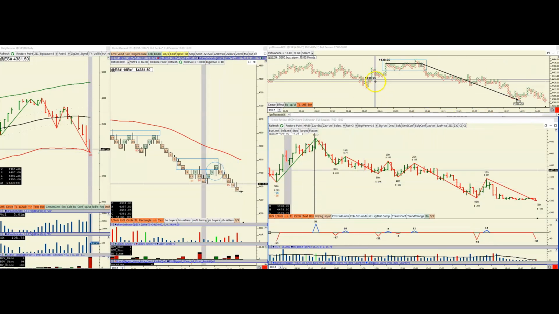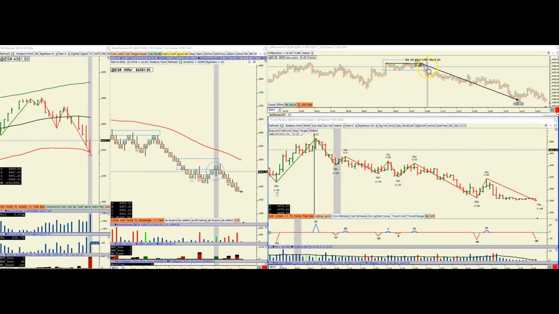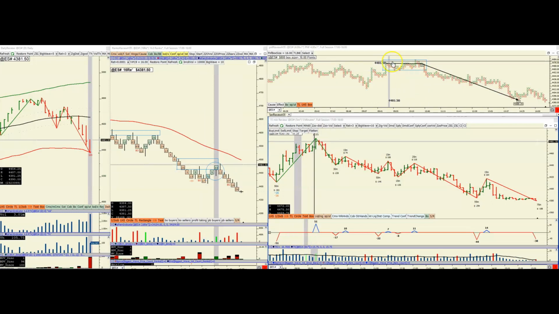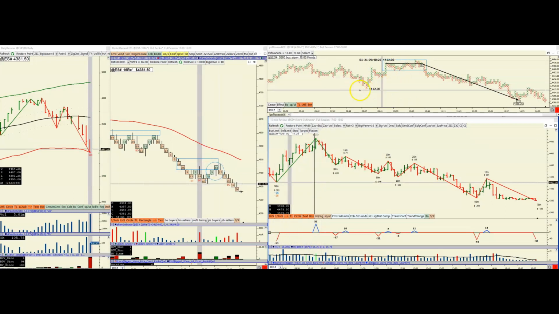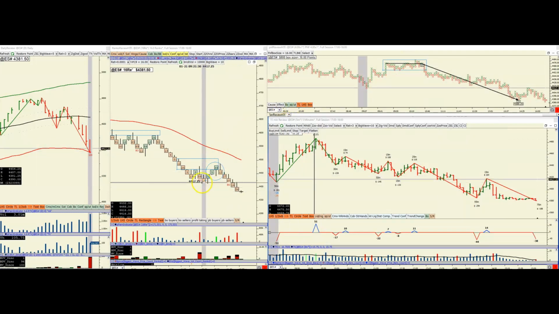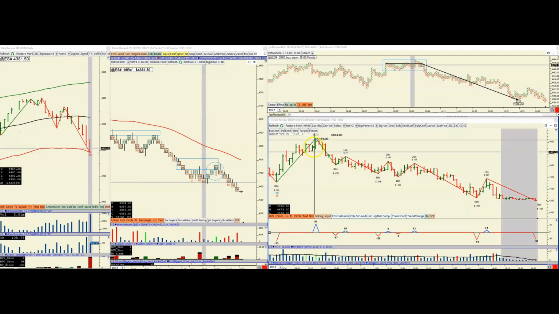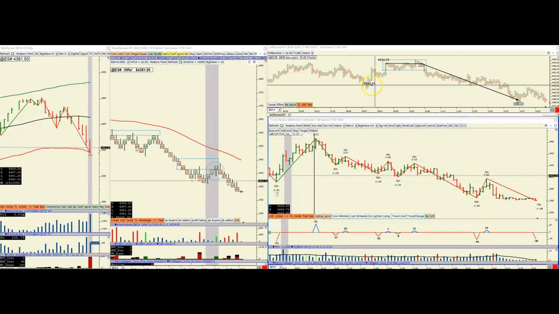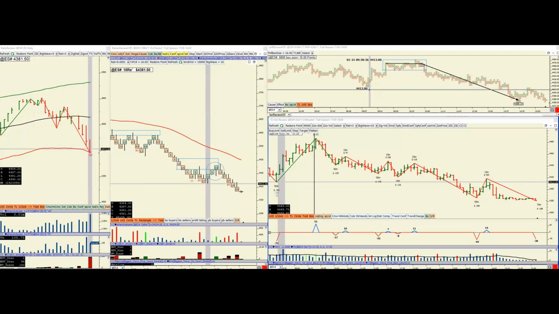It means that on the pullback, there was enough distribution here to break the low, to break that middle time frame low, right? That's what you want. At least that's what I want.